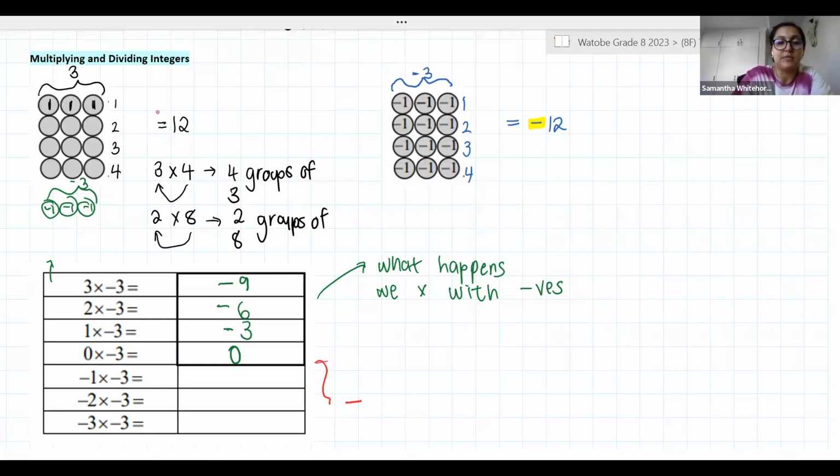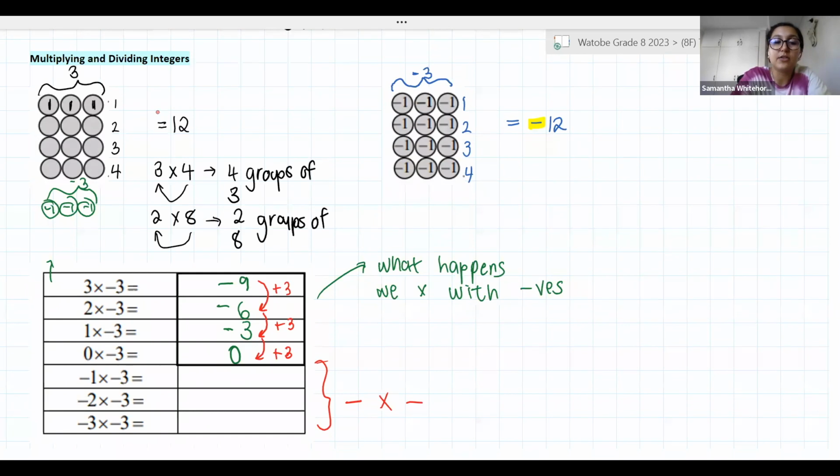And this is now where we need to be very careful with our signs. If we just look at this pattern, we can see that from -9 to -6, I added 3. From -6 to -3, I added 3. From -3 to 0, I added 3.